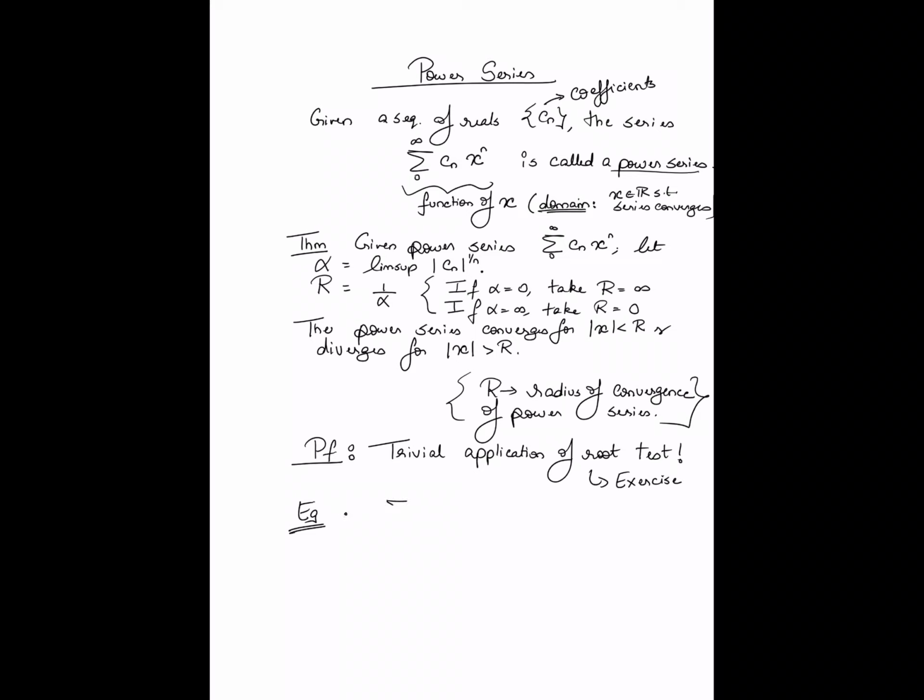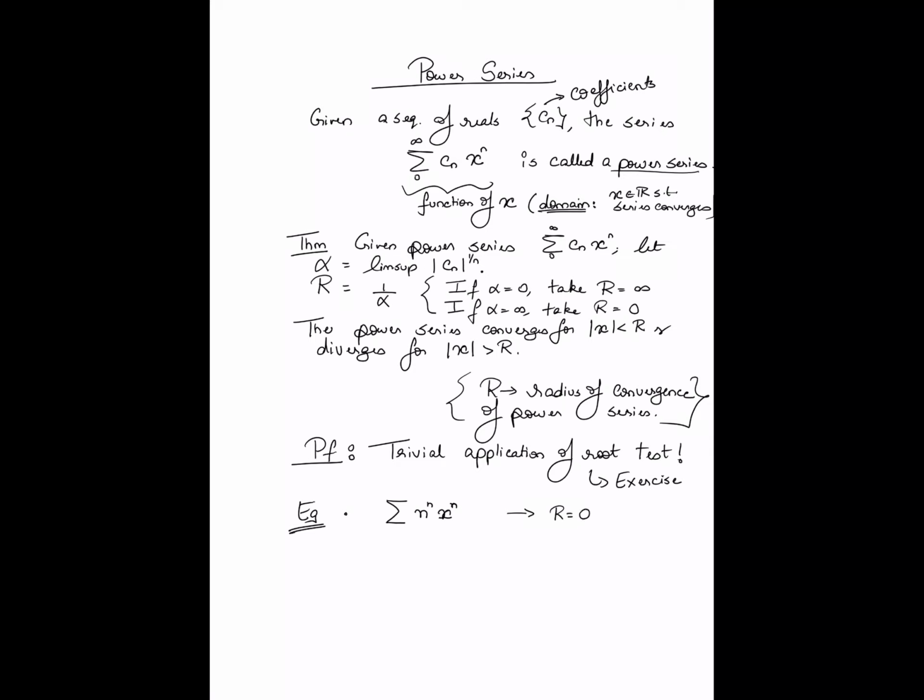So suppose you look at something like summation n raised to n x raised to n. Okay, in this case Cn is n raised to n, in which case you can also check that alpha is in fact equal to infinity, which will imply that r is actually equal to 0.